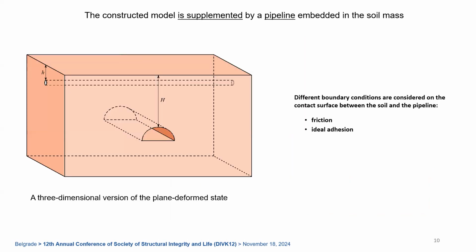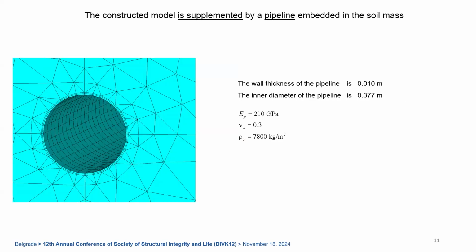Using the found soil dimensions, the constructed model is supplemented by a pipeline embedded in soil mass. Different boundary conditions are considered on the contact surface between soil and pipelines, that is, dry friction conditions and ideal adhesion.